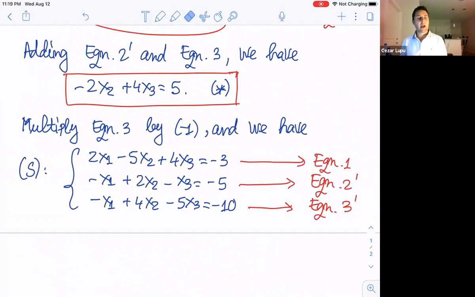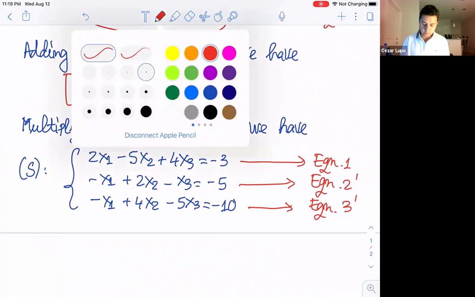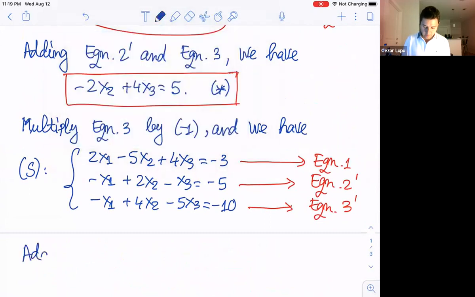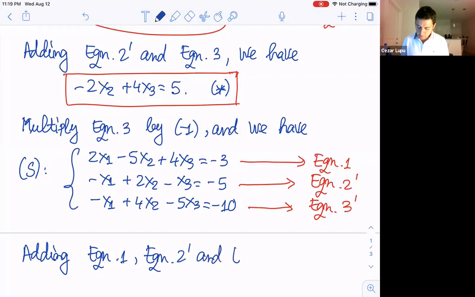Now I can do the following. I can add all 3 equations. Once we do this, adding equation 1, equation 2 prime, and equation 3 prime, we have the following.